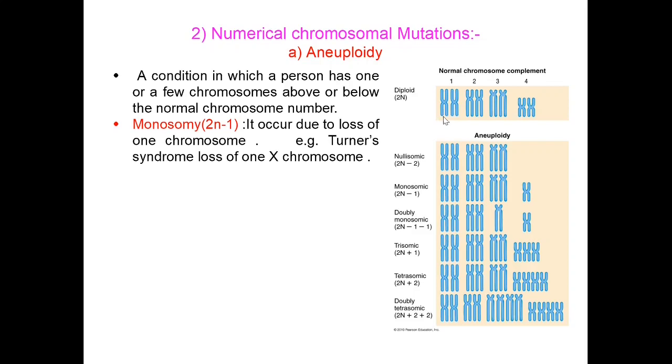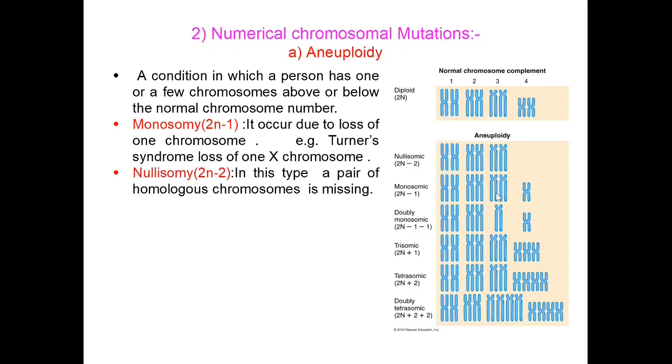It occurs due to loss of one chromosome. This is the normal chromosome complement, and in monosomy, you are seeing here one chromosome is missing. Its example is Turner's syndrome, which occurs due to loss of one X chromosome.